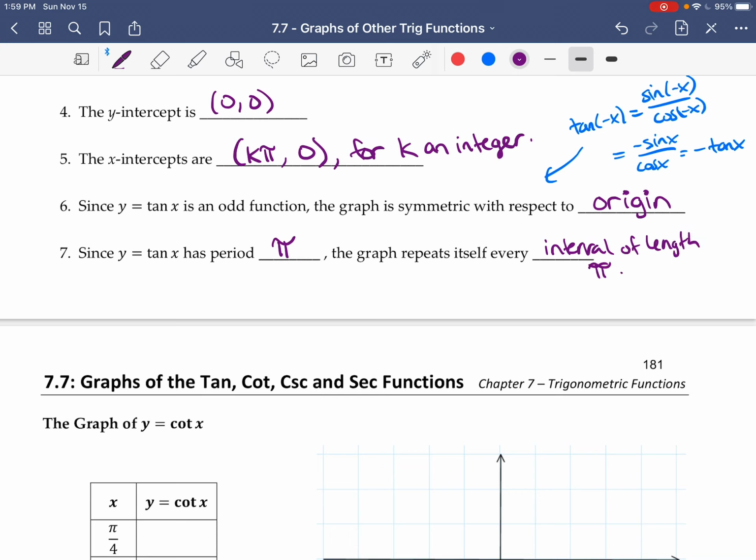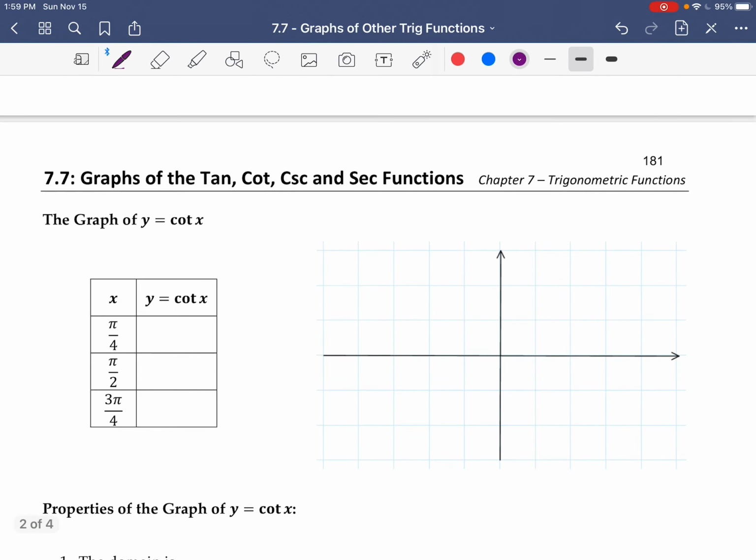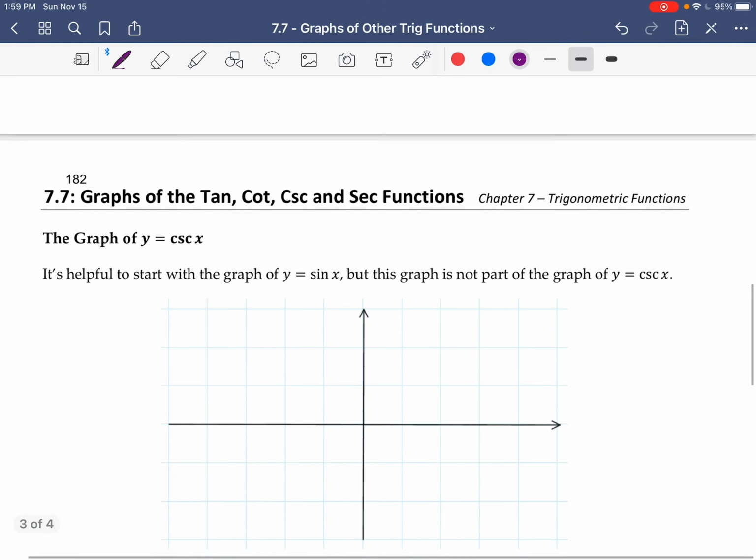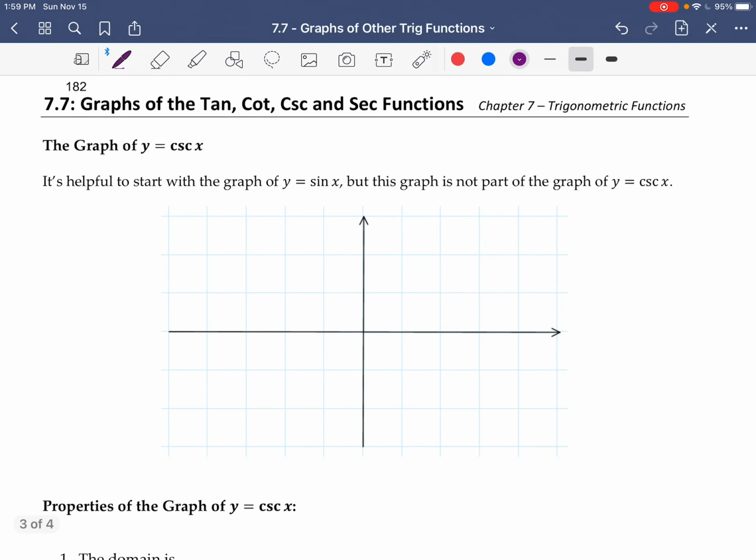Okay, so I'm going to skip the graph of cotan. It's very similar to the graph of tan. So you want to think about where your vertical asymptotes would be and where your x-intercepts would be, and then the graph is going to look fairly similar. Okay, now let's talk about the graph of cosecant.